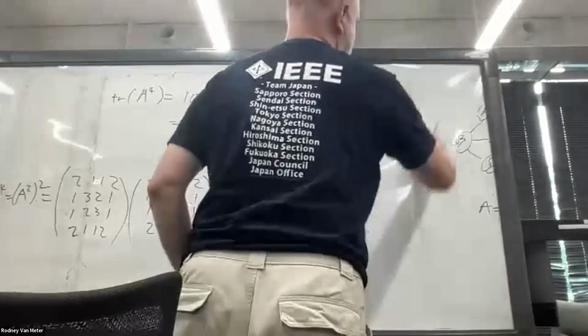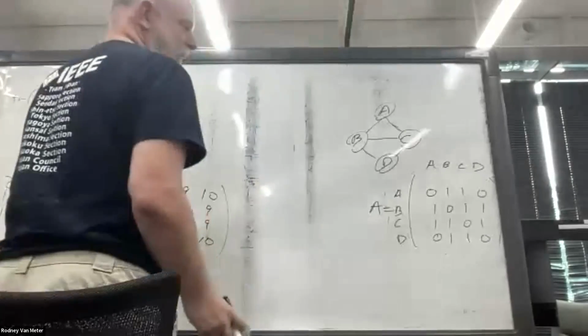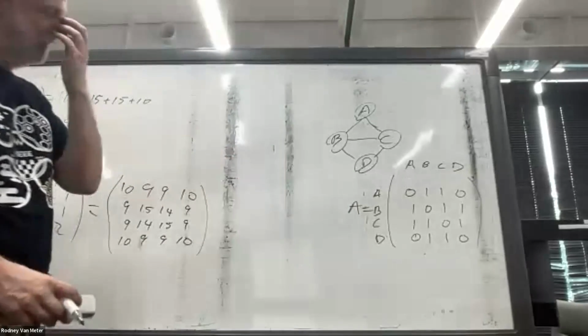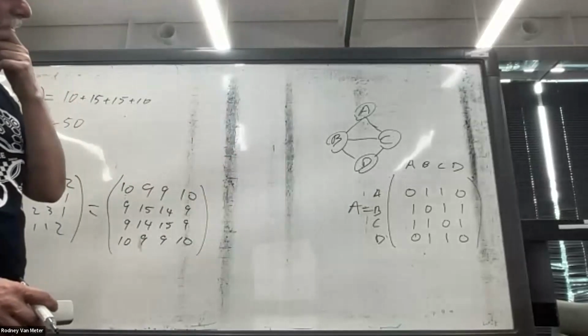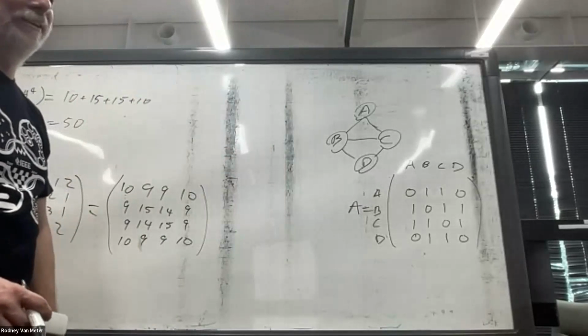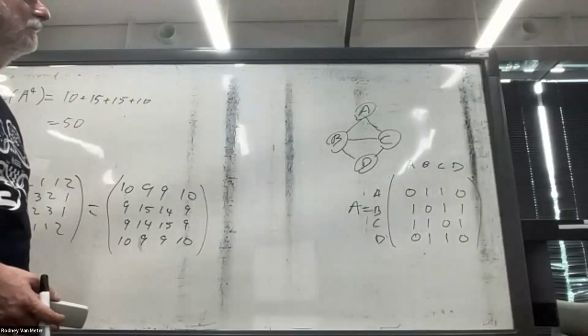Let's see. I can't get all of this on the board. How many squares do we have on this figure though? On this graph? I only see one. Bummer.